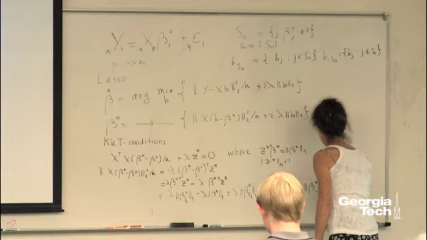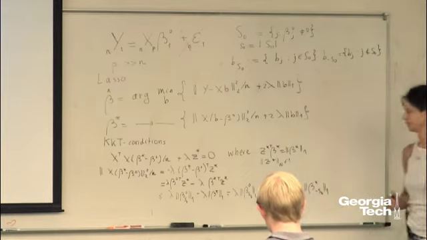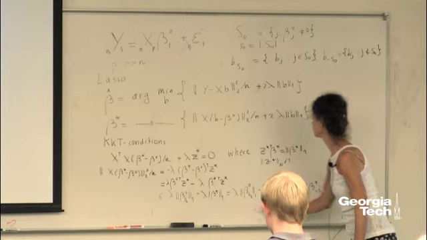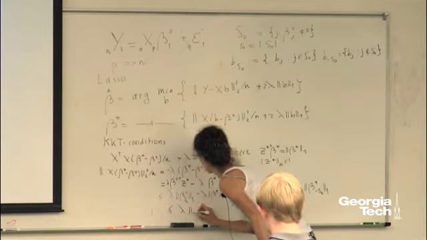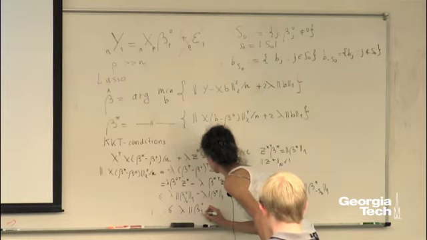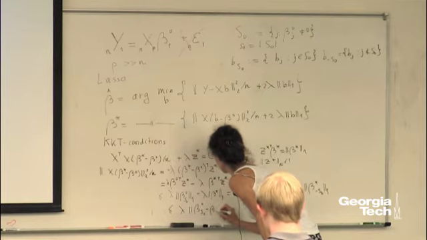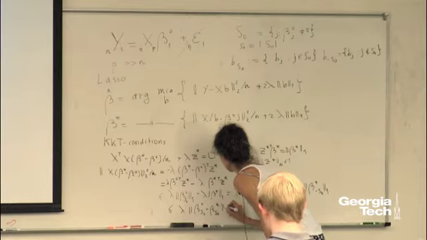I just split it up into inside and outside the active set. And here I use the triangle inequality. We're almost done. Lambda times beta S0 star minus beta S0.